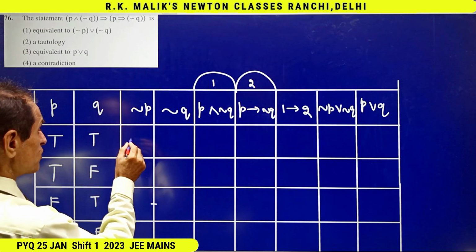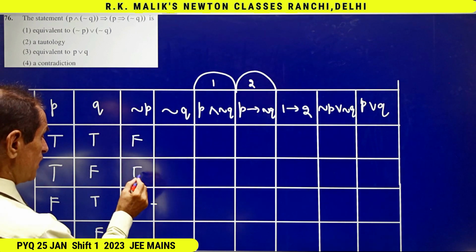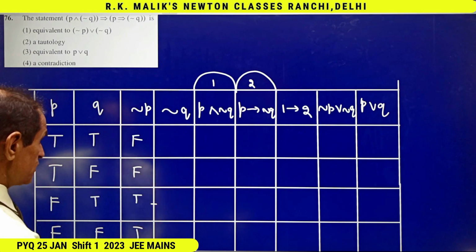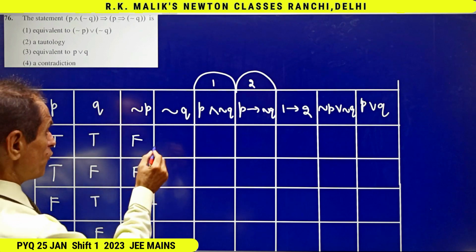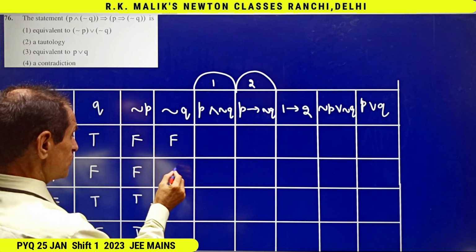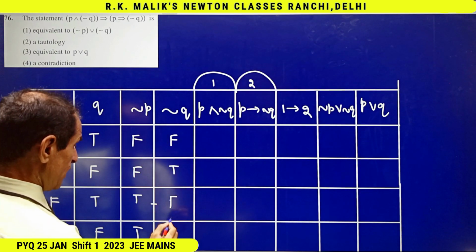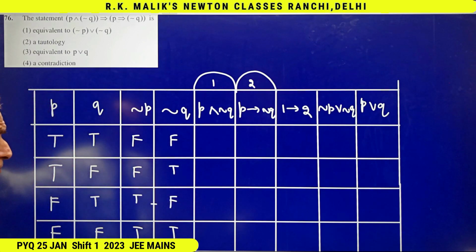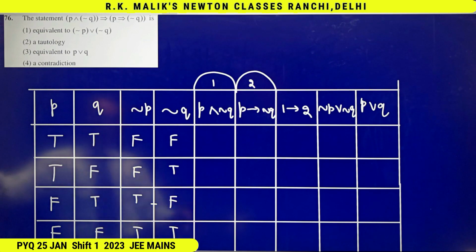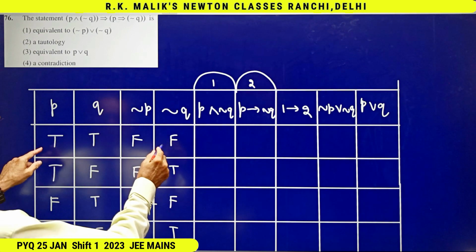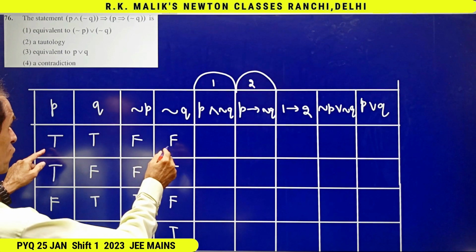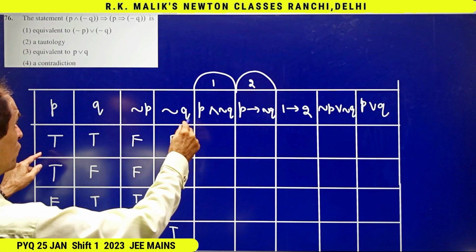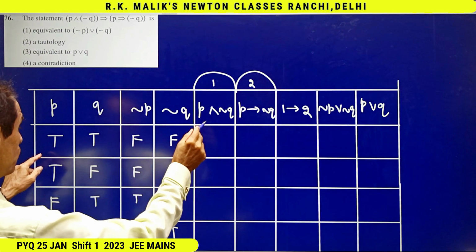Negation P will be obviously F F T T. Negation Q will be obviously F T F T. P and negation Q, that is conjunction of these two. We know that conjunction is true only when both are true, otherwise it is false.